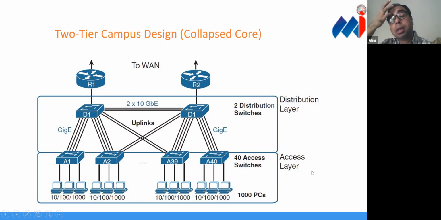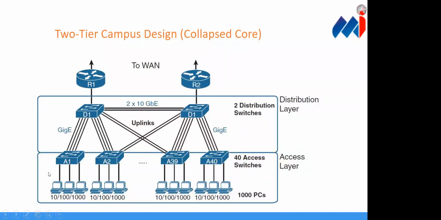What is access layer? Access layer are a group of switches usually, which are directly connected to our host or computers. Okay. And distribution layer is not directly connected to computers. They are working as a distribution of network traffic to the access layer switches, or it is also known as aggregation switch.